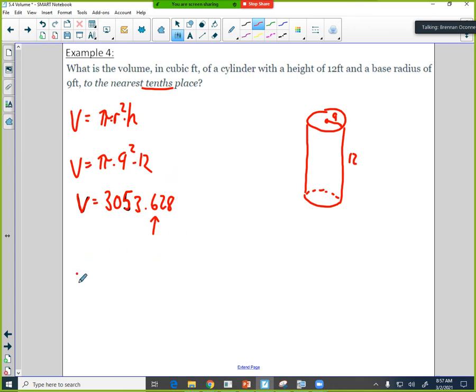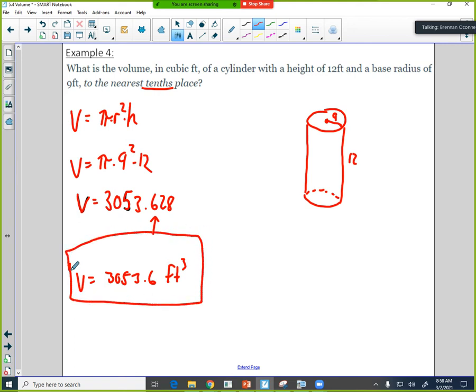So then we go V equals 3053.6, and the 2 is next, so we round down, just leave it as a 6, and then it would be in cubic feet, which Delta Math will have labeled for you. Really all this is plugging this in to this formula.